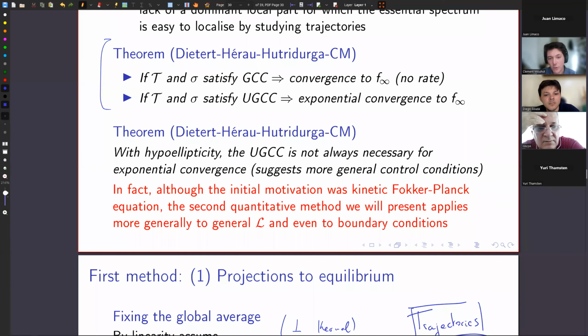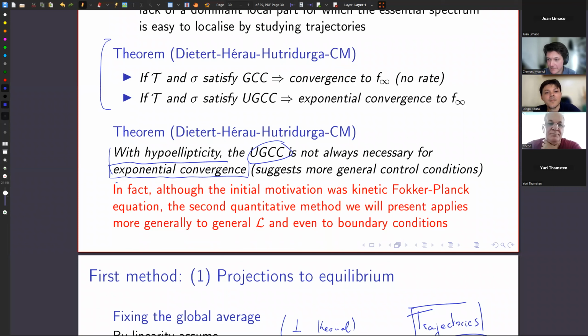So we proved, for instance, that it's not really answering your question, but it shows that things become more complicated. We gave a case where there is exponential convergence of spectral gap without the uniform geometric control condition. Now, when the geometric control condition is fully violated, I don't think we wrote it, but it's a good question. I do think that you can prove that there's no convergence to the equilibrium.